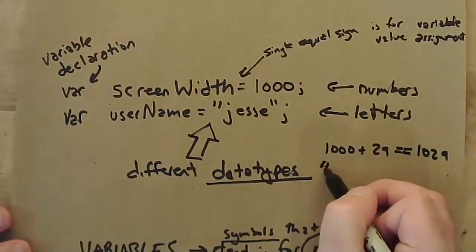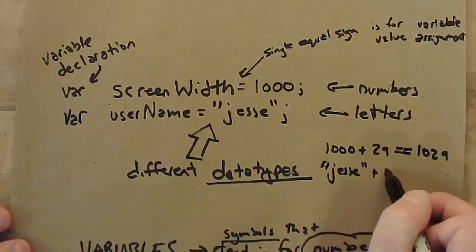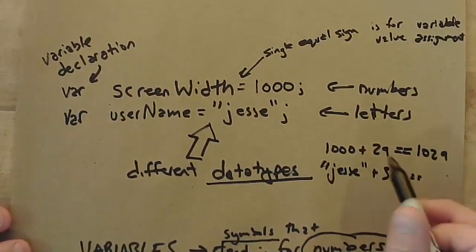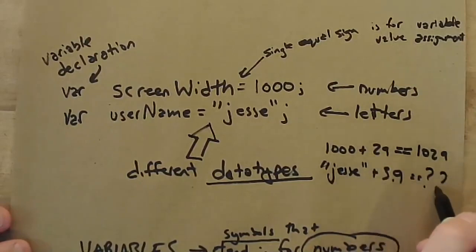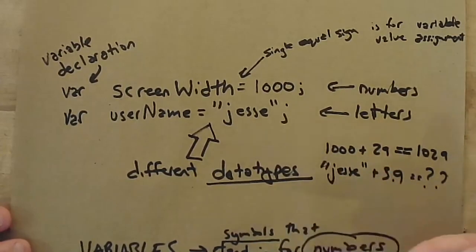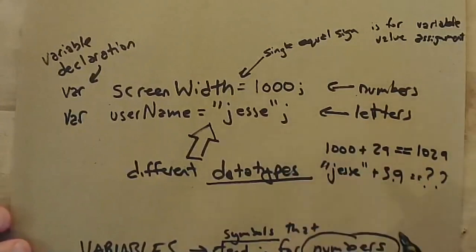But Jesse plus 3.9, what does that mean? I don't know what that would mean. So you can't use all of these different types of data interchangeably. So we need to keep track of what type of information we're using.